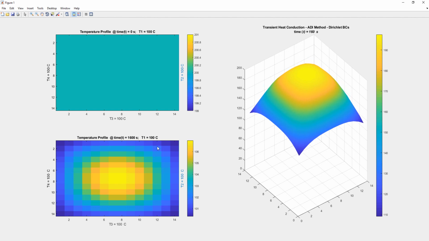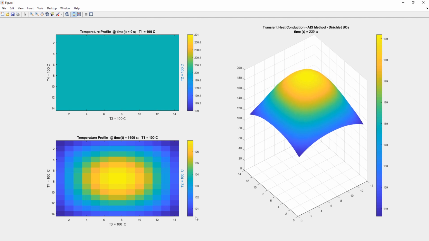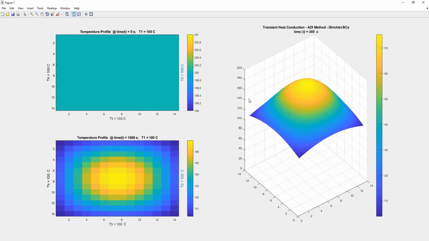On the left hand side bottom portion, for example, the final temperature variation is from about 100 degrees Celsius to about 107 degrees Celsius on the interior nodes, which will be reflected on the right hand side animated plot as well when we reach time equals 1600 seconds.